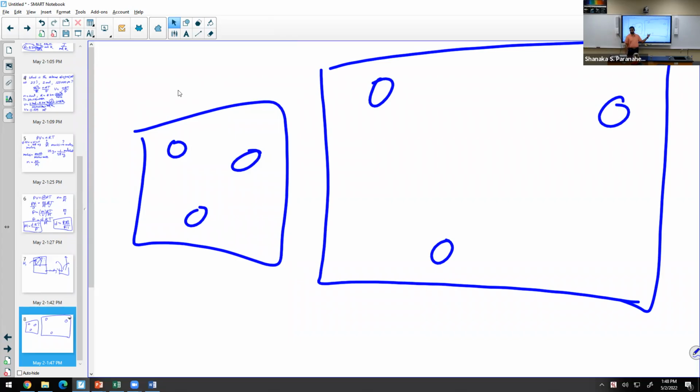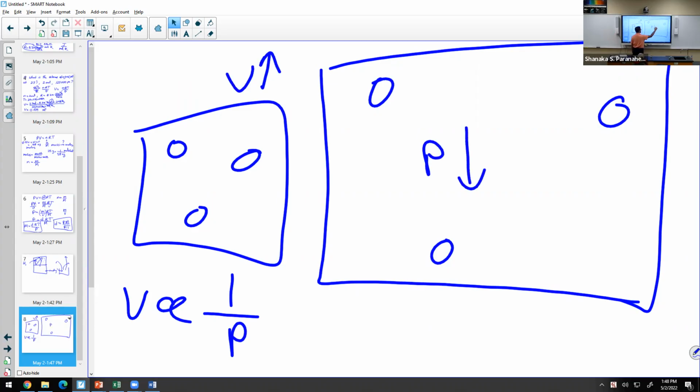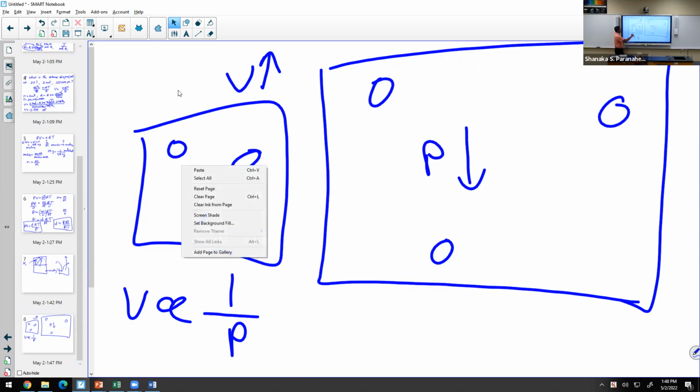Its volume. How does volume affect pressure? Volume is inversely proportional to pressure, Boyle's law. When I increase my volume, pressure decreases. So under real conditions, when a gas is at low pressure, it's close to ideal behavior. So this is low pressure.